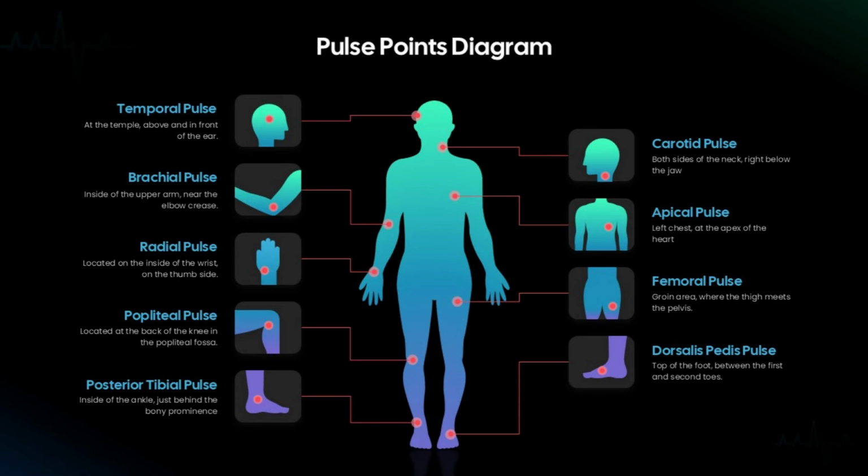It is checked just beneath the knee of the person. The posterior tibial is just behind the ankle, at the bony prominence. Mostly we will check this one in diabetic neuropathy or a person who has a diabetic wound, to find out the circulation.